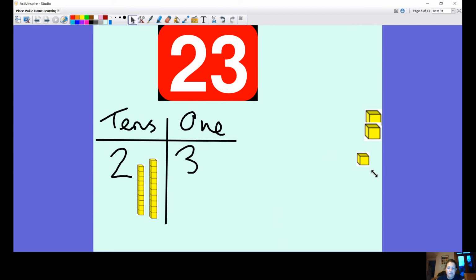These little ones are our ones, and I would need 1, 2, and 3. 23 is made up of 2 tens and 3 ones. The value of the tens column is 2, it's 20, and the value of the ones column is 3. Straightforward, I think. That's something that we've done a few times.